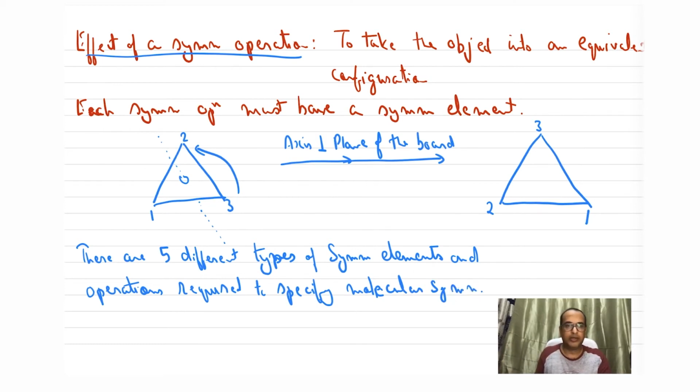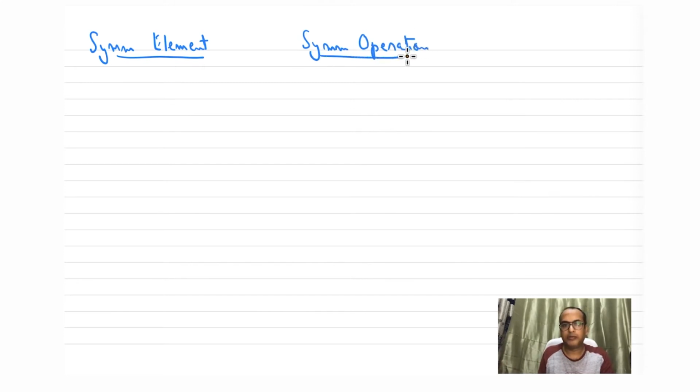Okay, so let's look at this one by one. Let's make a table of symmetry element, then corresponding symmetry operation, and what is the symbol that is used for the corresponding symmetry operation or the element.